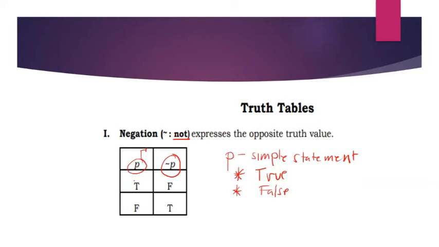So, yung first situation wherein yung P, ang value niya is true. Pag inegate natin siya, idaan natin siya sa not, magiging false. So, baliktad lang. Okay? While the second situation is false naman yung value ni P. Pag inegate natin si P na ganito ang value niya, baliktarin lang yung false, magiging true. Kuha? Ganun lang.